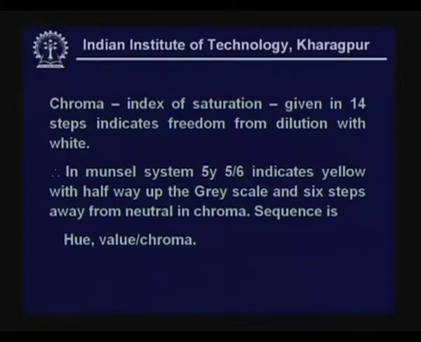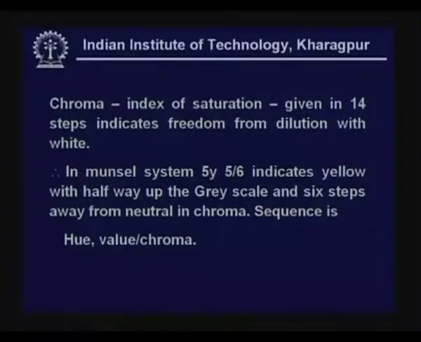In specifying, how do we do it? The first one is hue, the second term is value, / chroma. So, we have the hue, which could be any of the principal hues or intermediate hues, and then their lightness or brightness on a gray scale is indicated by the value, followed by chroma, which talks about the saturation.